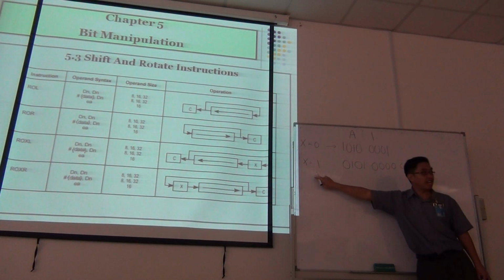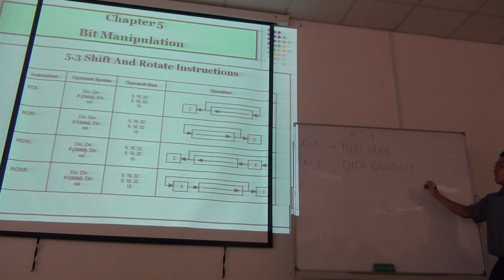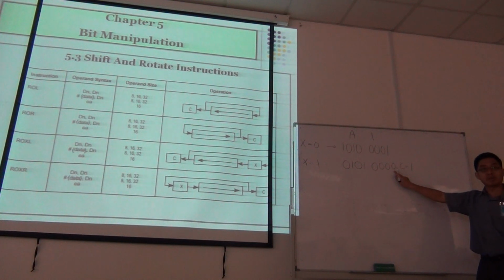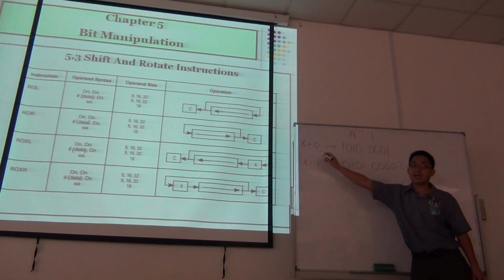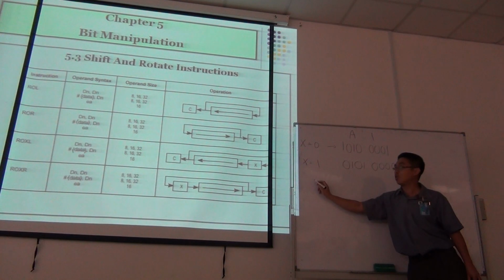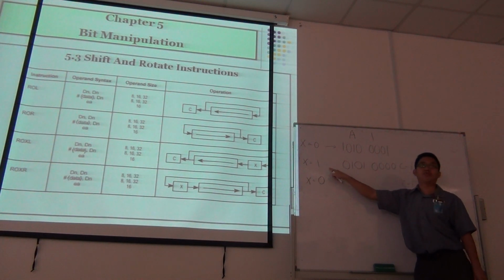X is already 1, so you have to rotate another time. Again, this one will be copied over to C. C is equivalent to 0. Rotate this one to X. It must go to X. Now your X will be 0. The value from X here will be shifted over here, right?